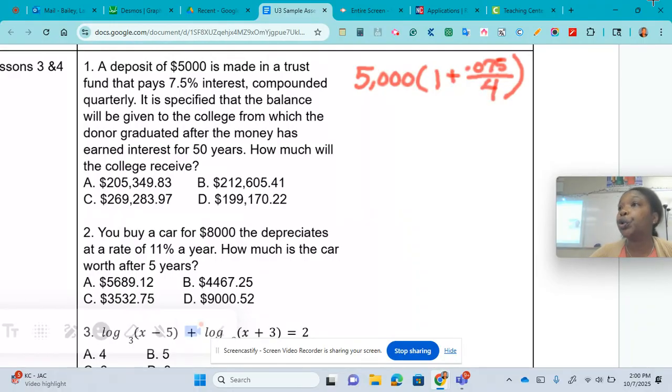Raised to the 50 times 4. Remember the zombie? So 50 times 4 is 200.